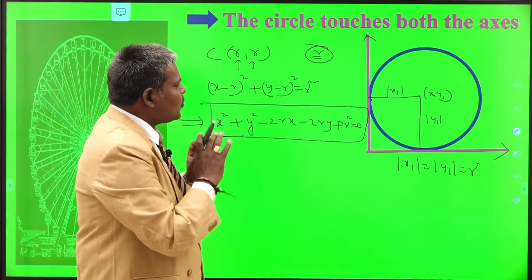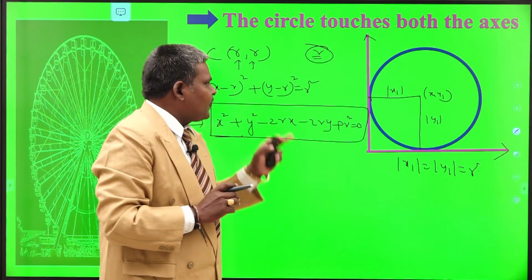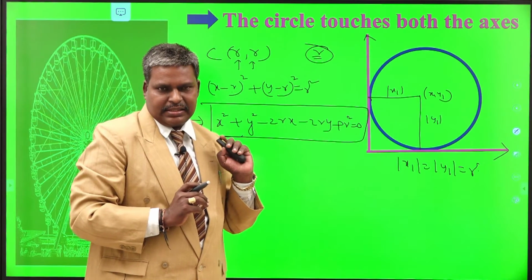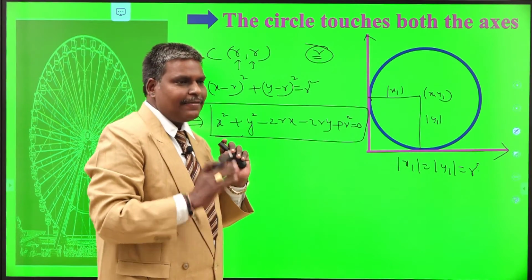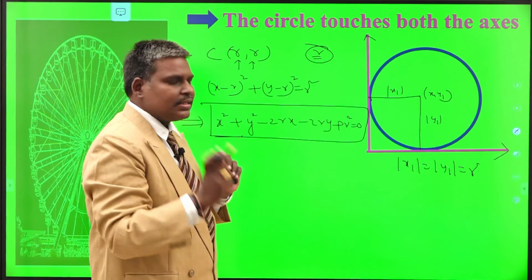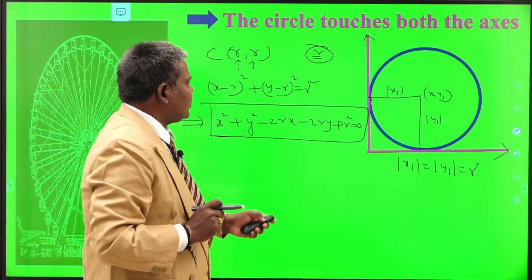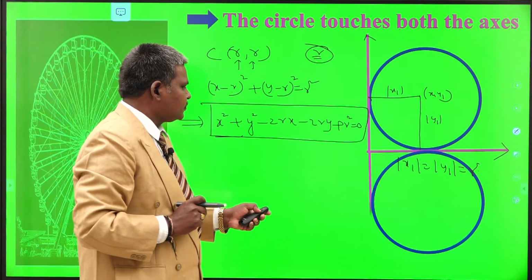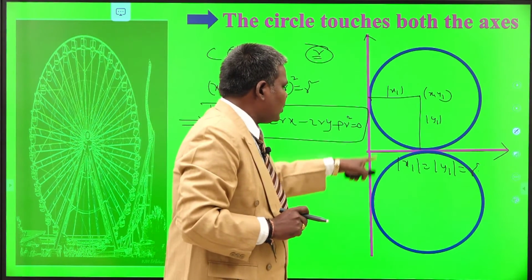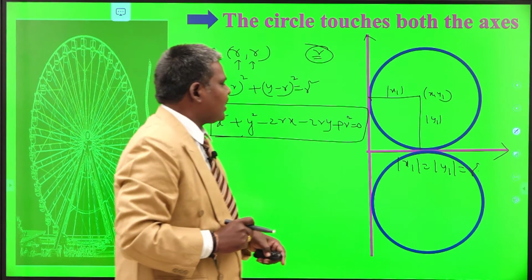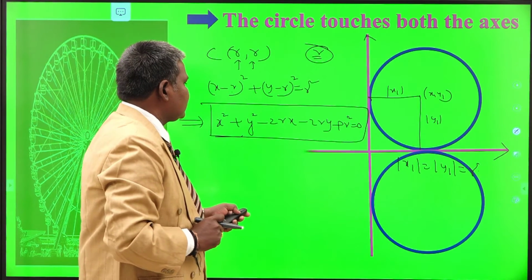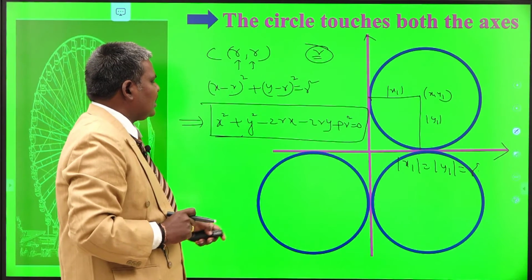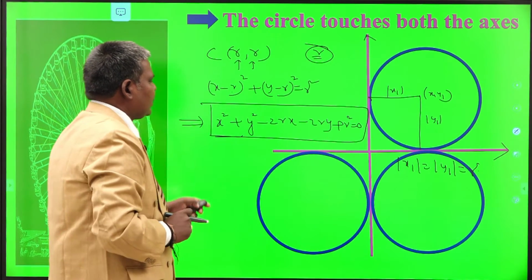We have 4 possible circles of same radius touching both the coordinate axes. How many possible circles are there? 4 with same radius with different centers. I will show in this figure. See here, this is another circle touching both coordinate axes, which is in which quadrant? 4th quadrant. Similarly, this is another circle which lies in the 3rd quadrant, touching both the coordinate axes.